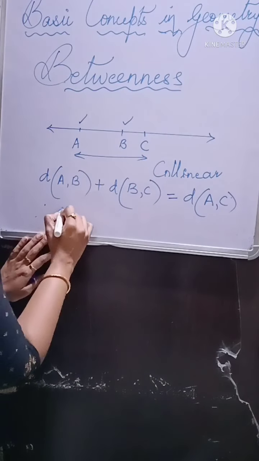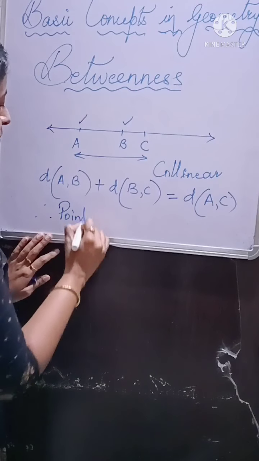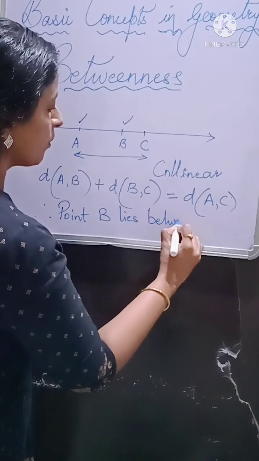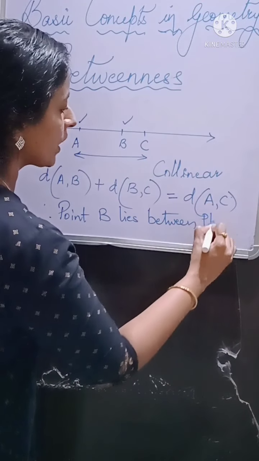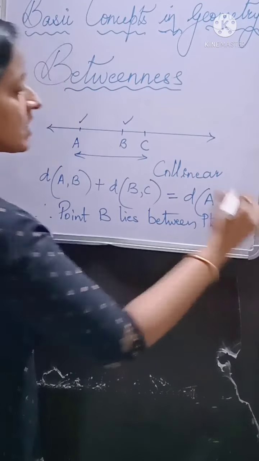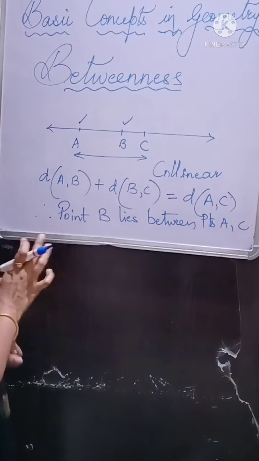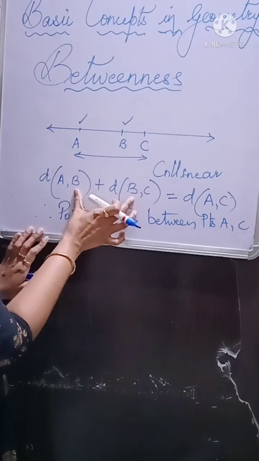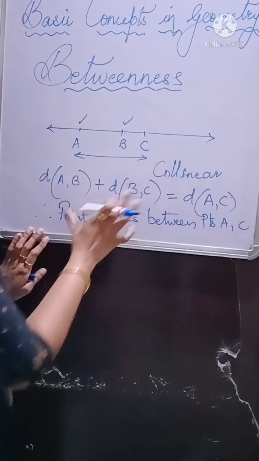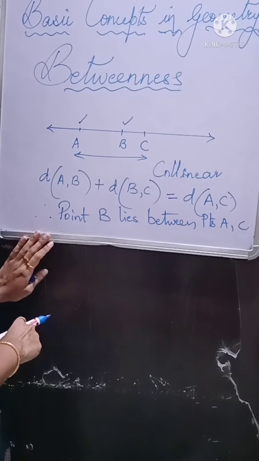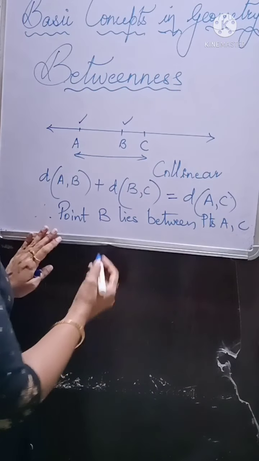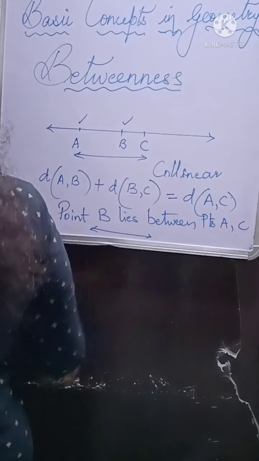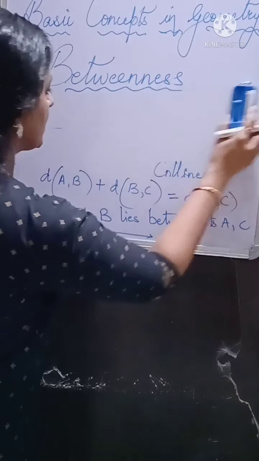We can say that, therefore, point B lies between points A and C. From this relation, I can conclude that point B, which is repeated here, lies between points A and C.